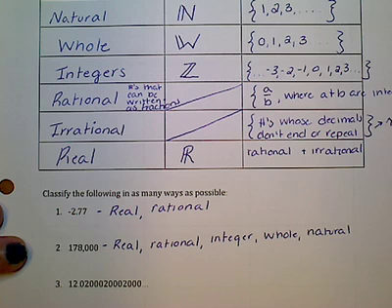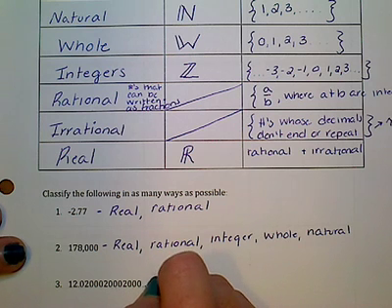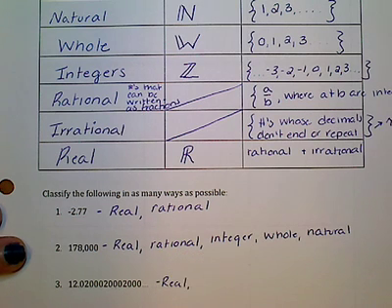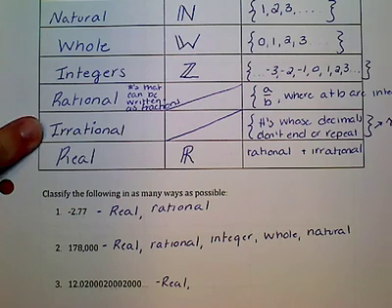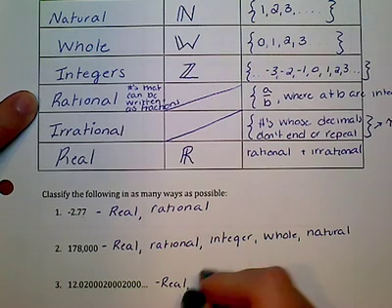For the next one down here, 12.02002, I'm sorry, 00020002, you can see that that decimal is repeating. It's definitely a real number. And it's not irrational, it's definitely rational.